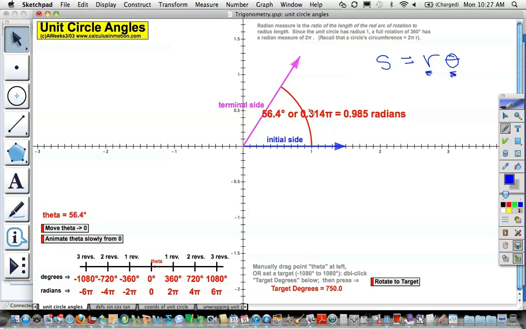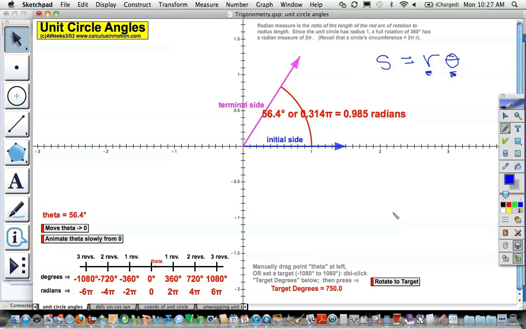So this arc length is simply the radius times the angle. Well, why do we use the unit circle? Because it has a radius of 1, and that makes it even easier yet. The trig ratios are the same no matter how big the circle is, just like with the triangle.